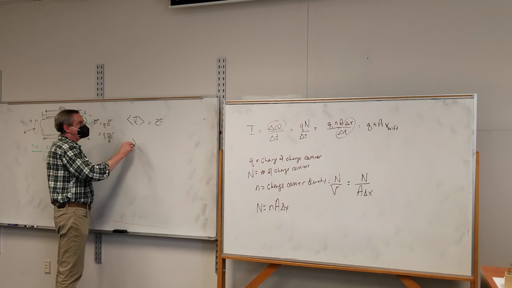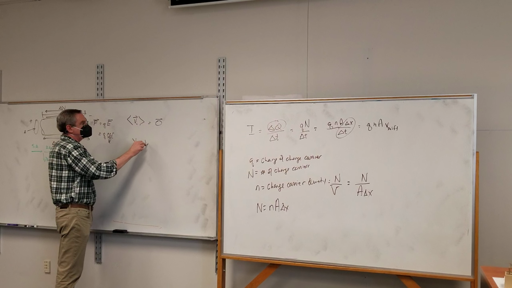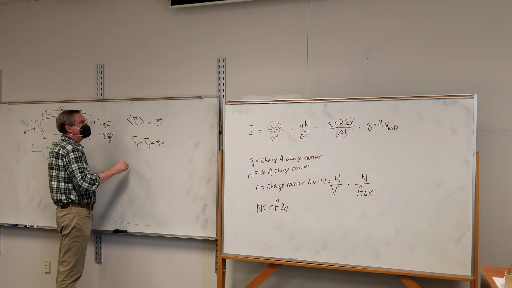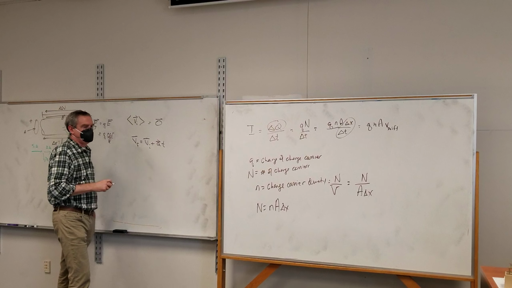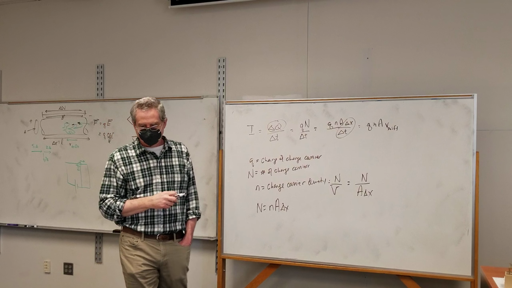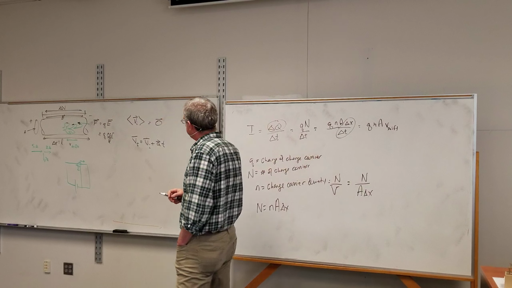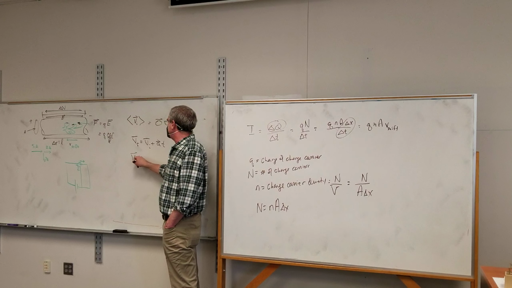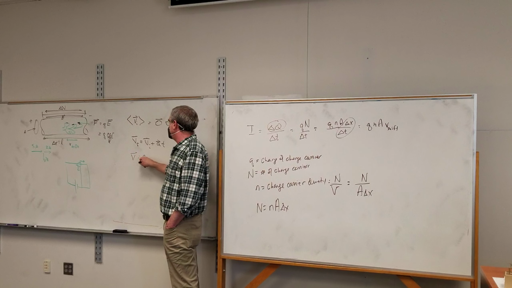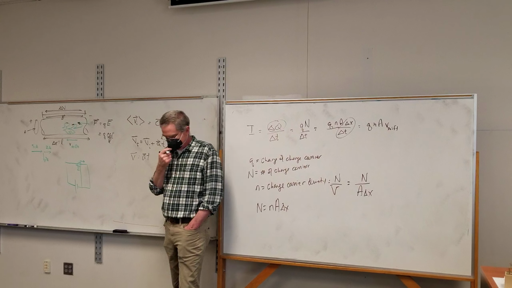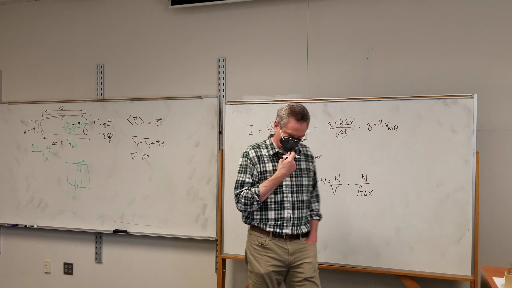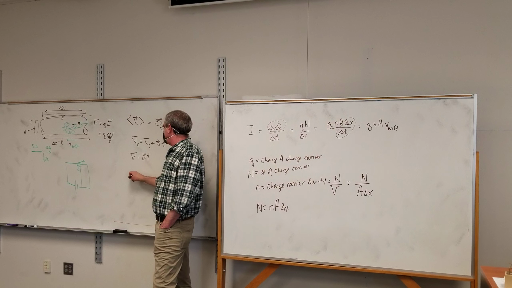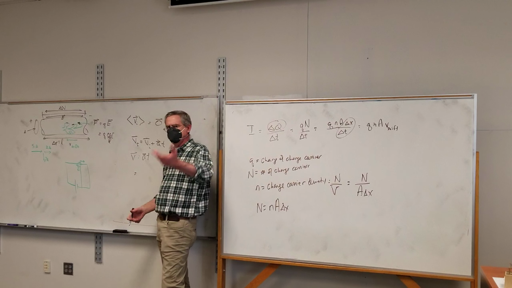So if I think about what my final velocity is, it's equal to the initial velocity plus acceleration times time. So the velocity is on average just acceleration times time. Acceleration, actually, what's Newton's second law?